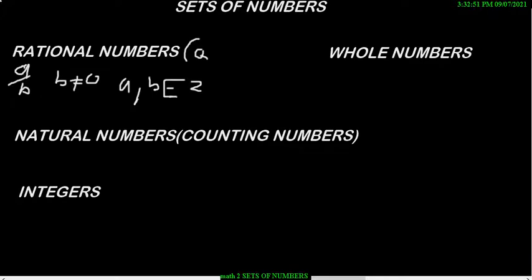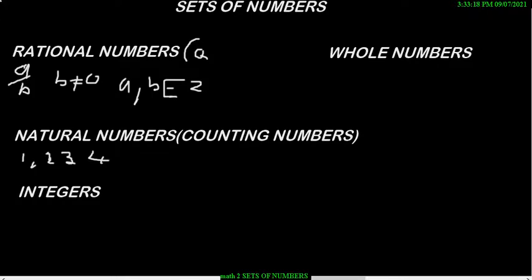And natural numbers is simply counting numbers. So this is 1, 2, 3, 4, up to infinity. That's what I call counting numbers, because people usually start counting from 1, 2, 3. It's rare you hear people say 0, 1.